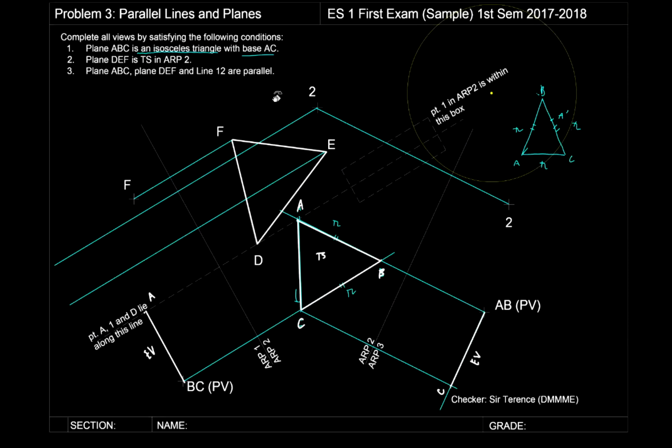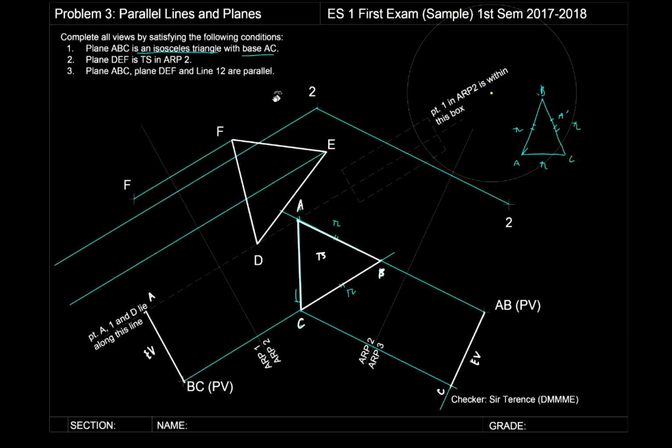Sa planes kasi, you need to prove that there are two lines contained in the plane that are parallel, truly parallel to each other, no? And we know that two lines are truly parallel to each other when your lines are parallel in all views. Okay? So if you have parallel lines kasi, in every view, they will always be parallel.